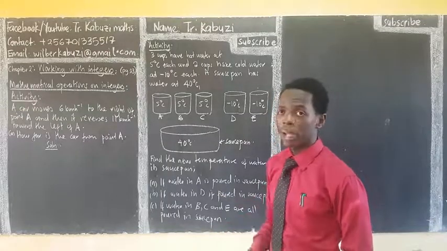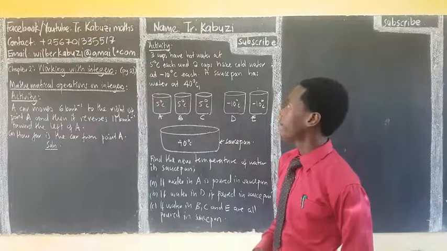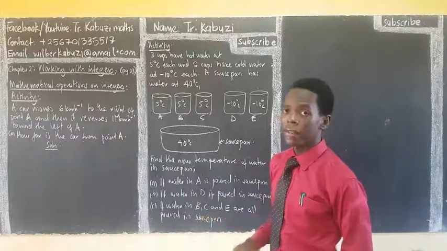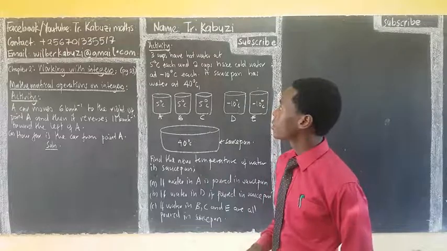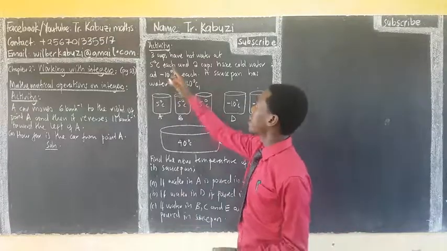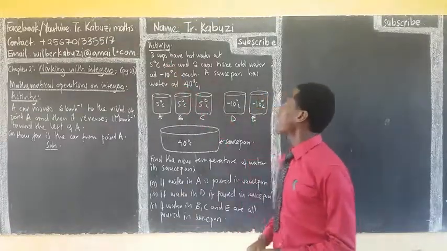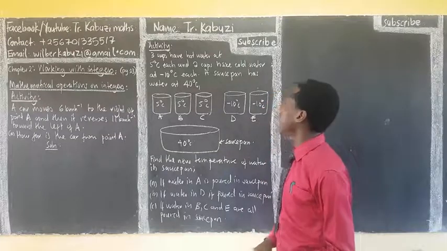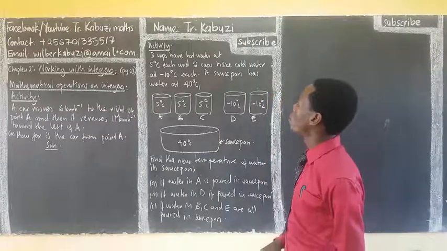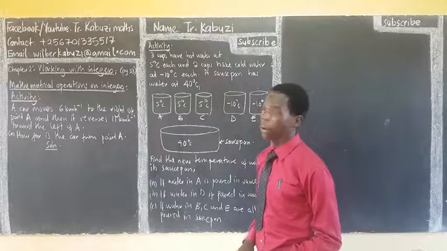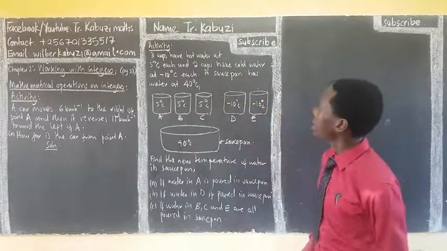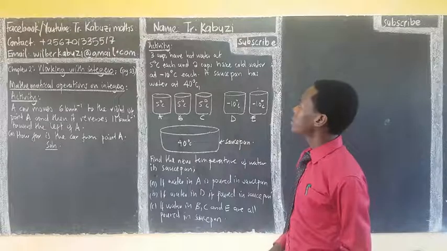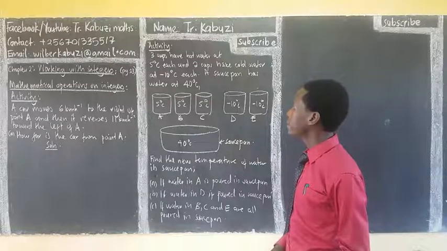We are going to do this work in groups of 5. Also, we are going to do 2 activities here at once. The next activity says, 3 cups have hot water at 5 degrees Celsius each, and 2 cups have cold water at negative 10 degrees each. A saucepan has water at 45 degrees.